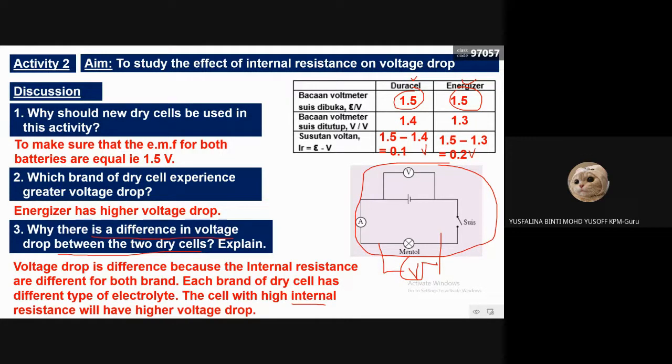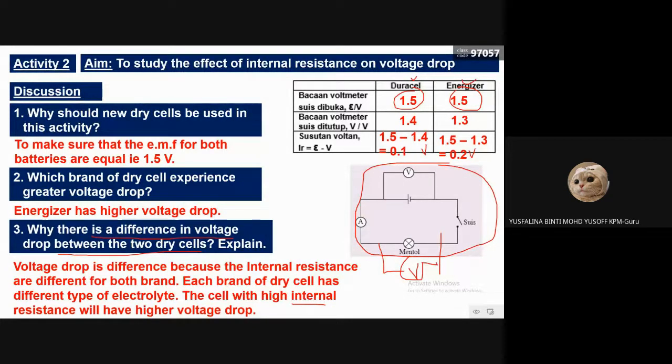So that needs energy, and that's why there is a voltage drop. And you already know voltage drop is actually the work done, W equals Fs, right? So there must be energy being used. That's why there is internal resistance there.